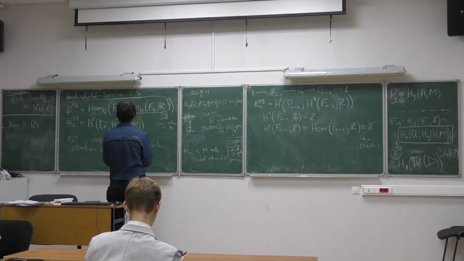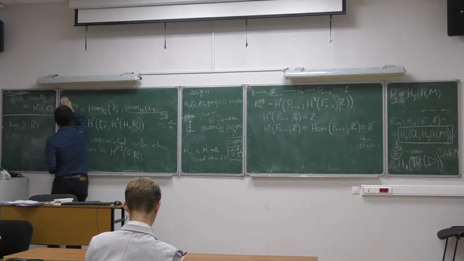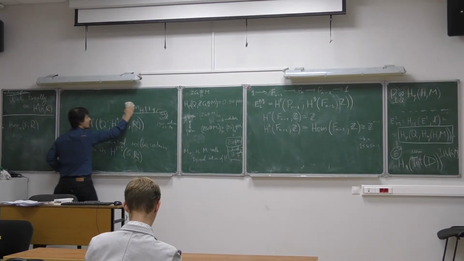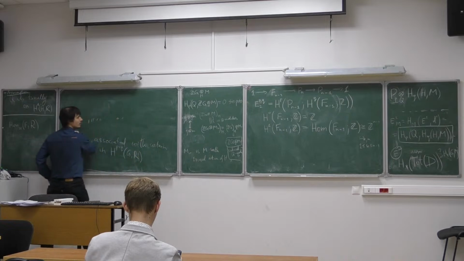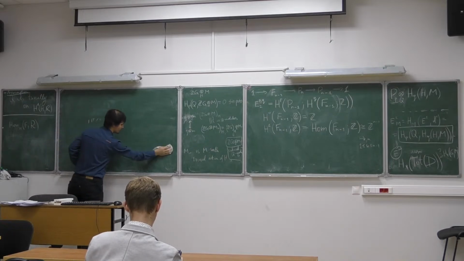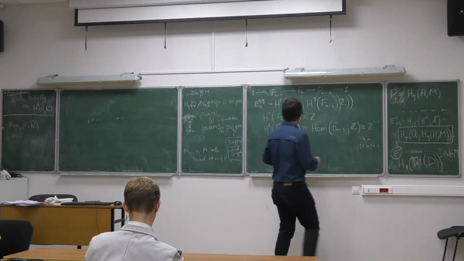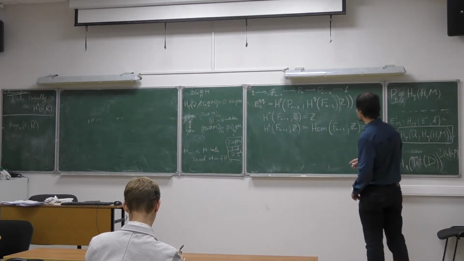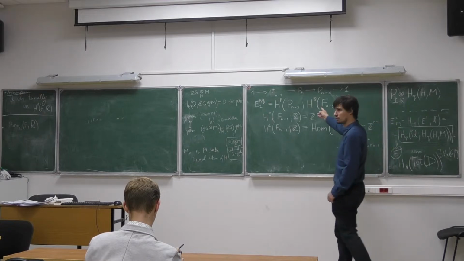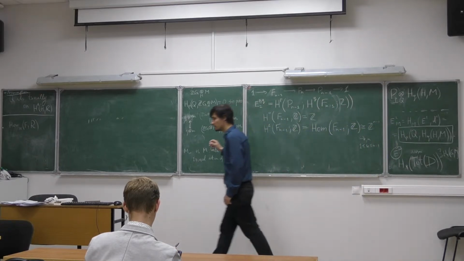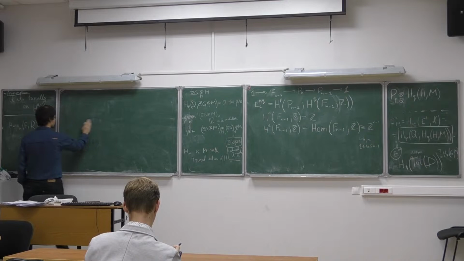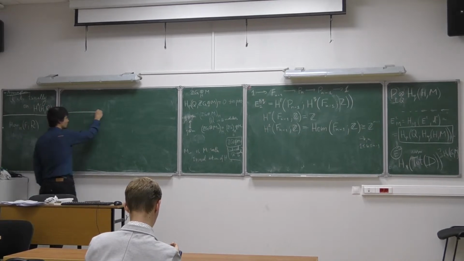And what we see, our spectral sequence lives only in two rows, the 0th row and the first row. So our spectral sequence consists of two rows.